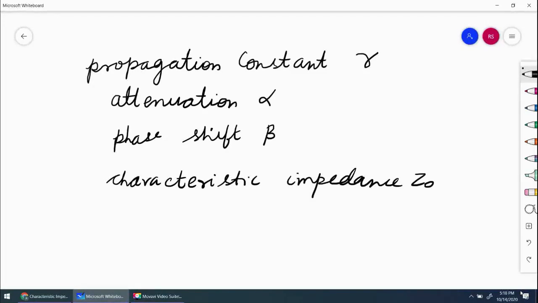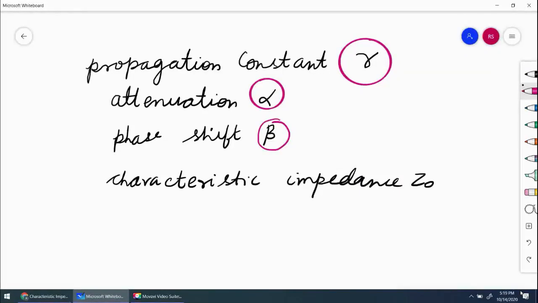So the study of behavior of any filter requires its propagation constant, which is denoted by gamma, attenuation alpha, phase shift beta, and characteristic impedance Z0.